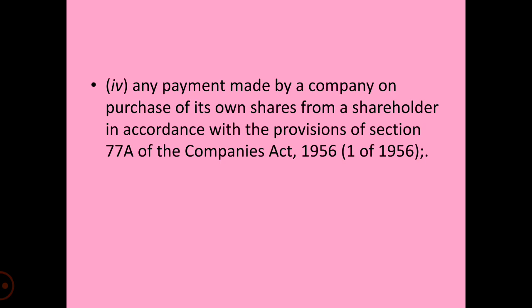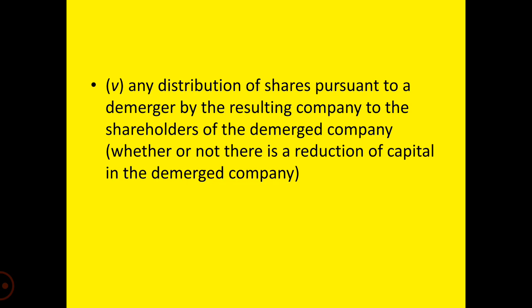When the company pays the amount in return for the shares from the shareholder, that is termed buyback of shares by the company, and the consideration paid in the case of buyback shall not be included in the term dividend, because in this case the ownership has been cancelled, with the shareholder ceasing all rights and ownership to the company.